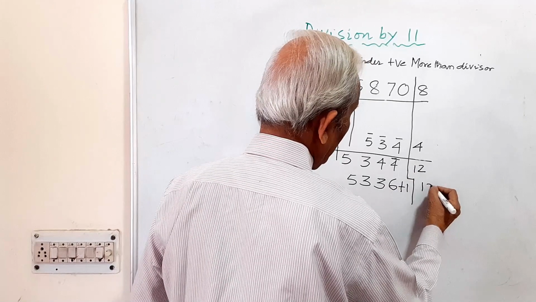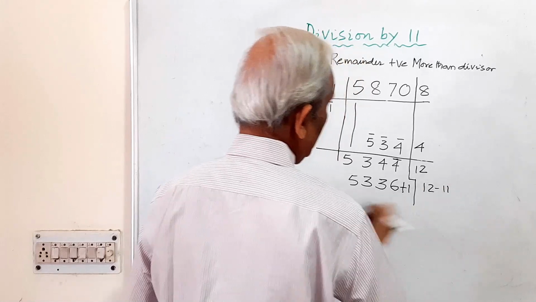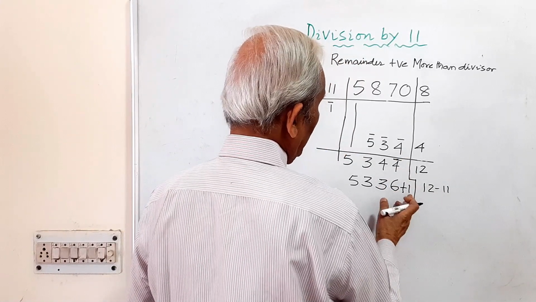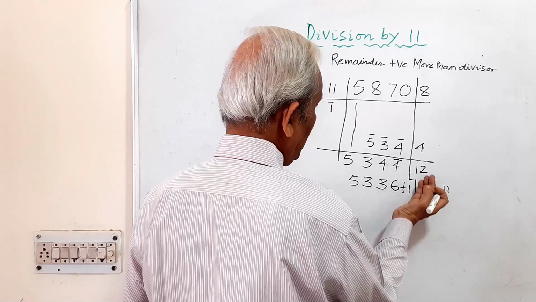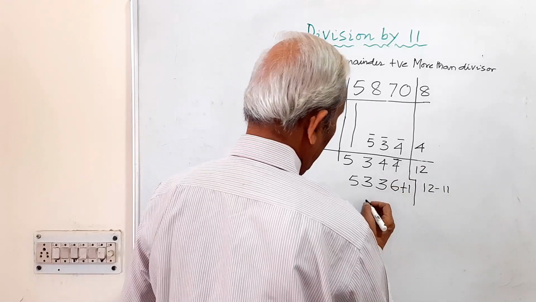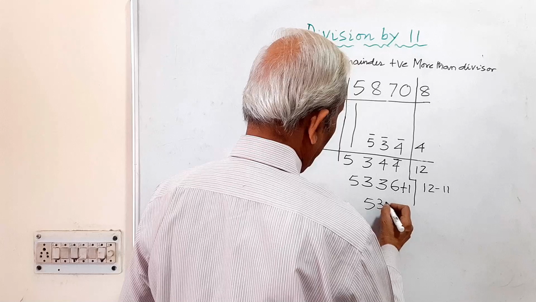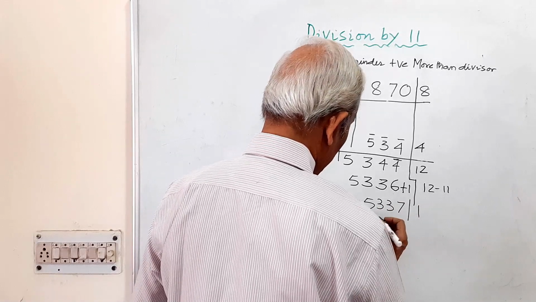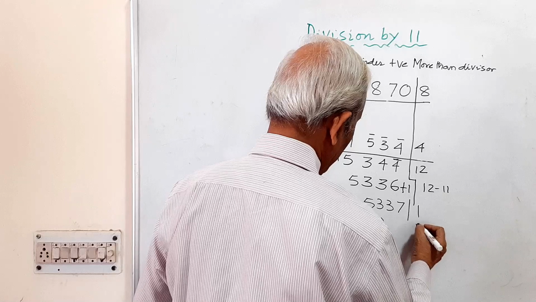And this becomes 12 minus 11. Because we are dividing by 11, we are adding 1, this 11 which comes from that side to this side, it becomes 5337, and here it becomes 1, and that is the answer. 5337 is the quotient, 1 is the remainder.